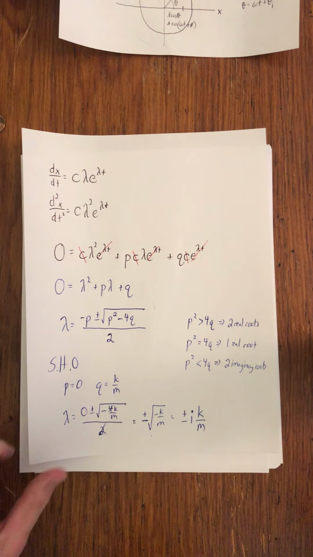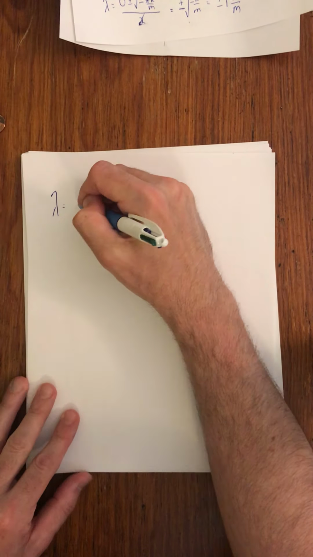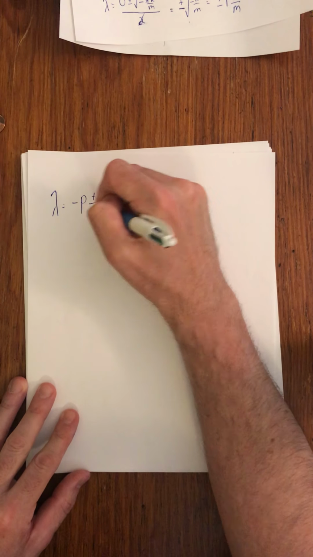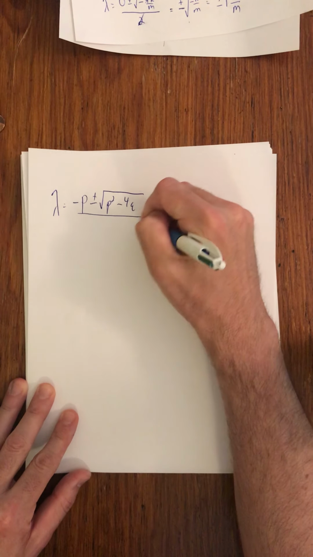So let's just take a quick minute to see what that would do, right? So I know that lambda has to equal negative p plus or minus the square root of p squared minus 4q, all over 2.